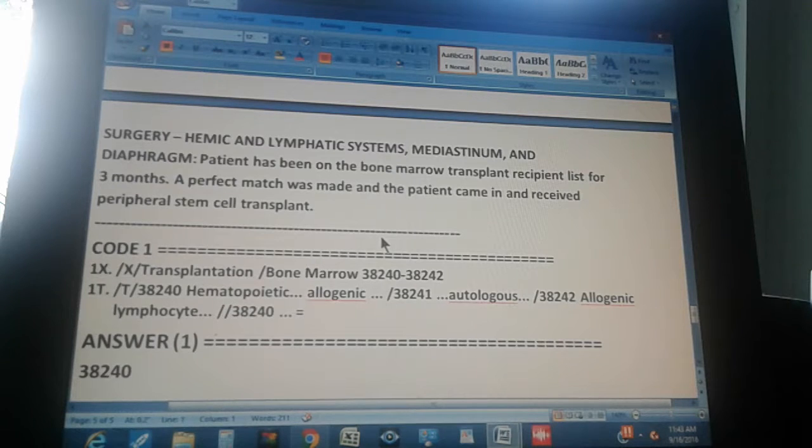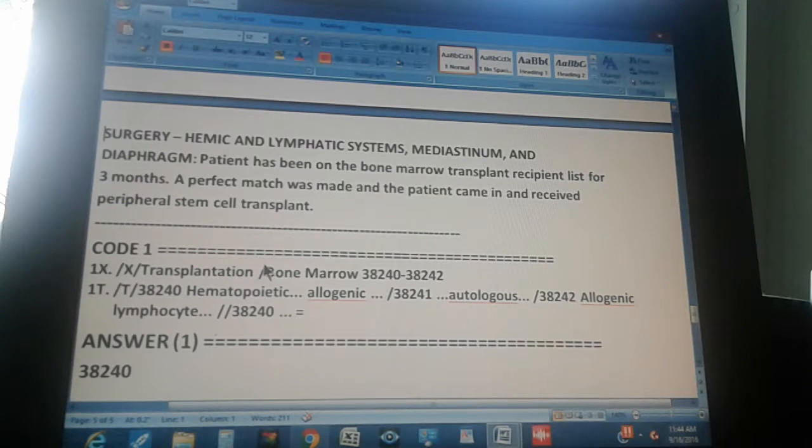This is the surgery section of the CPT code book: hemic, which means pertaining to the blood, and lymphatic systems, mediastinum and diaphragm. The patient has been on the bone marrow transplant recipient list for 3 months. A perfect match was made and the patient received peripheral stem cell transplant.